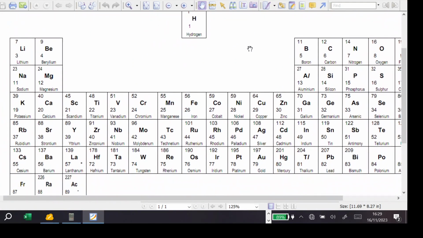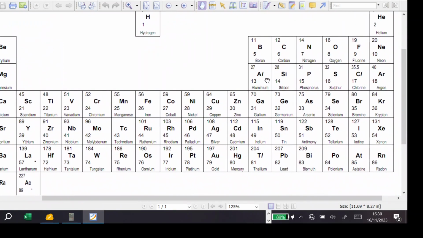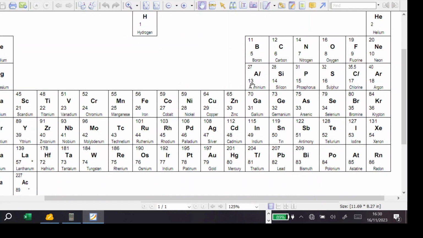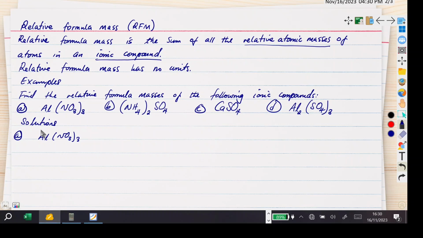So you see aluminium is here. This is aluminium. It has the symbol Al, and the full name is aluminium. Down here, this is the atomic number. Down here, this is the relative atomic mass. So this is the number you get for aluminium, and you indicate that its relative atomic mass is 27.